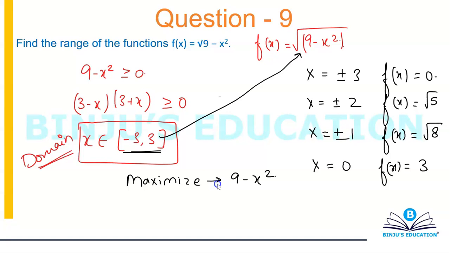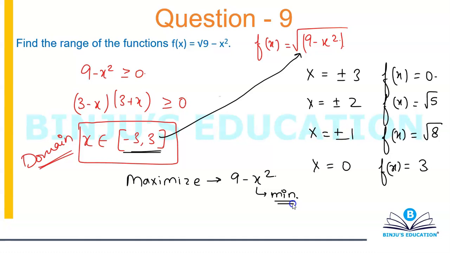If I want to maximize this number, I need to ensure that x square is minimum, because I'm subtracting x square from 9. So in order for 9 minus x square to be maximum, I need to ensure that x square is minimum. And it's a square. When would it be minimum? At 0.